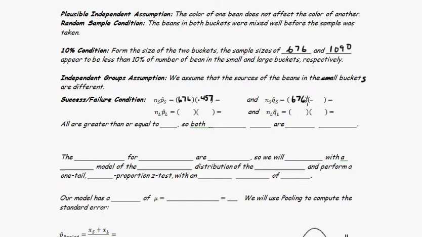So let's see, this is going to be 1 minus 0.457. So that's going to be 0.543. And then over here, this is 1090, and this was 0.344.